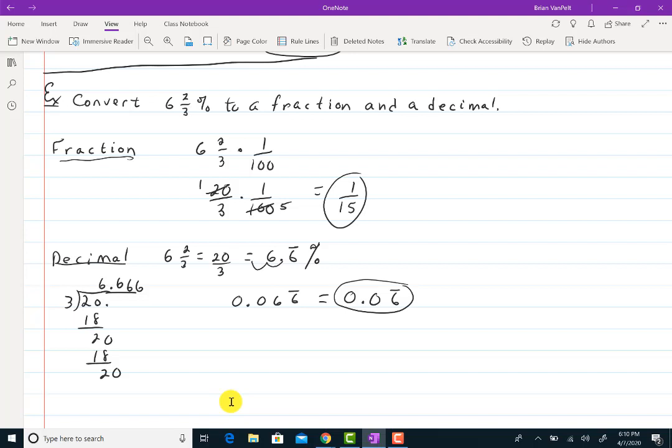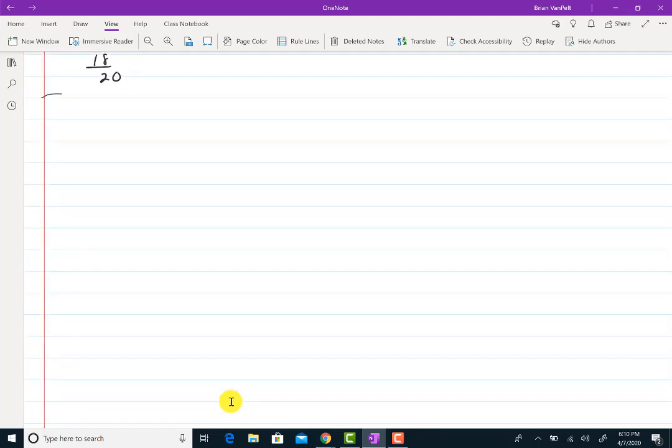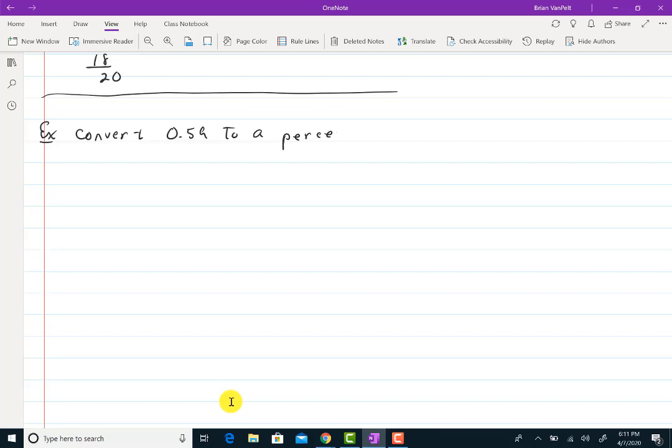All right, I think that's enough percentages to fractions and decimals. Let's move on to other kinds of computations. And this time, let's convert 0.59 to a percent and a fraction.